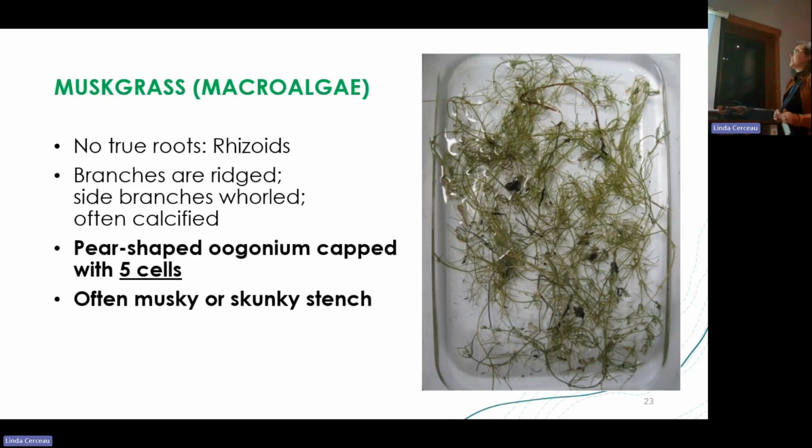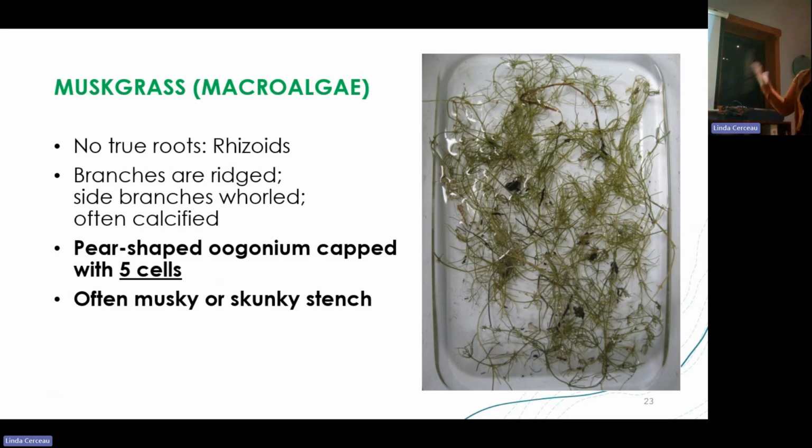So muskgrass, this one is technically a macroalgae. It's not necessarily a true plant, but we do come across it a lot, so sometimes we do count it when we're doing our surveys. This one again has no true root system, but actually reproduces through rhizoids. The branches are more ridged, and it branches multiple times.